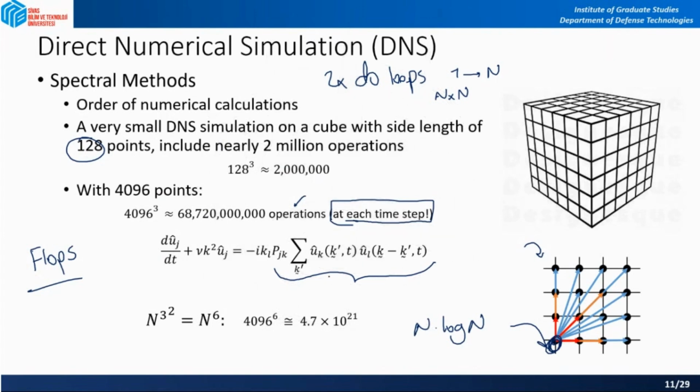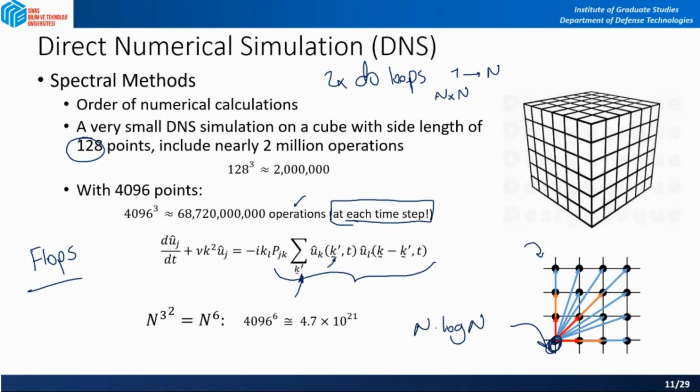This is a discrete summation in this equation that represents a truncation in the wave number space, in k space, because we cannot go to infinity. We said it before, we have to cut the wave numbers somewhere. Although, as long as the maximum wave number represents the very small eddies, the Kolmogorov length scales or those dissipative eddies in the domain, and we have covered all of those, there is no problem.